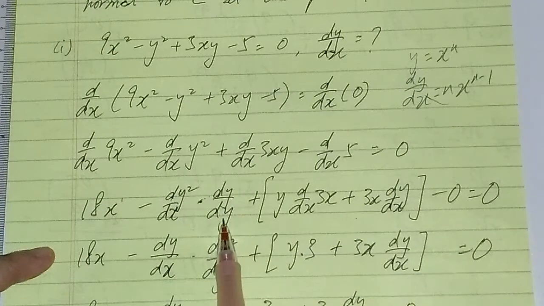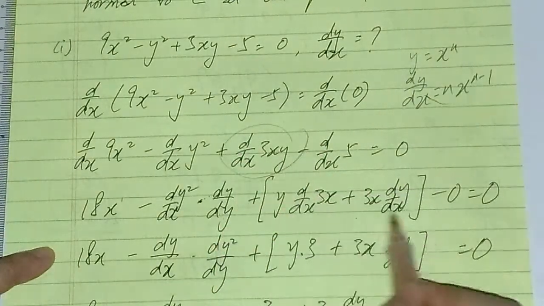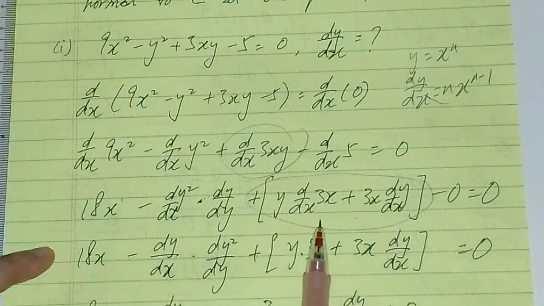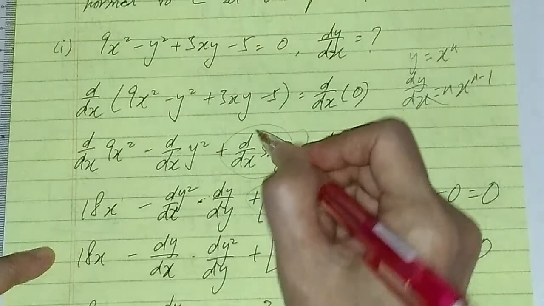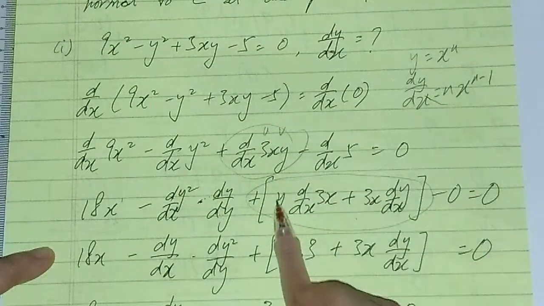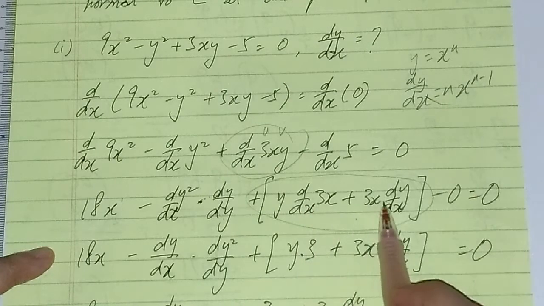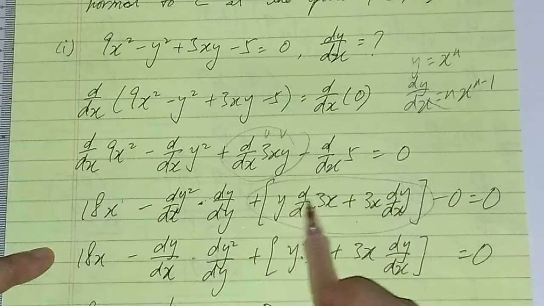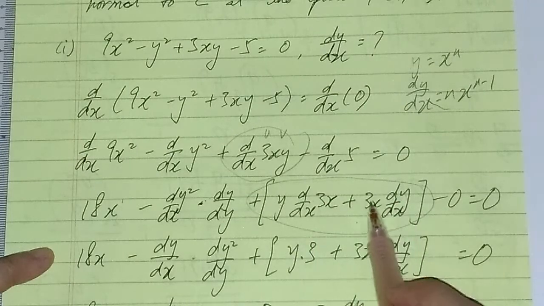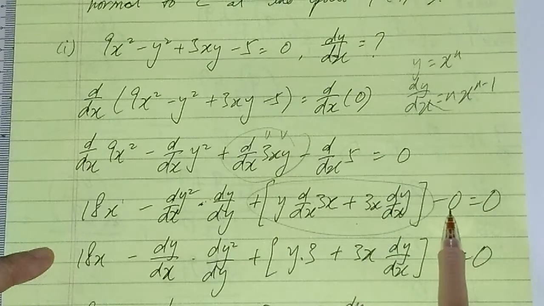For the 3xy part, we use the product rule. Let this be u, this be v. So v du/dx plus u dv/dx, and differentiating the constant is 0.